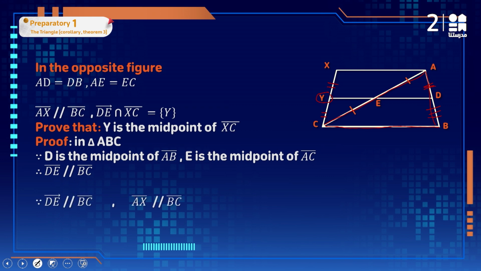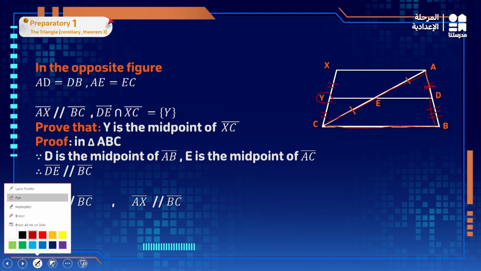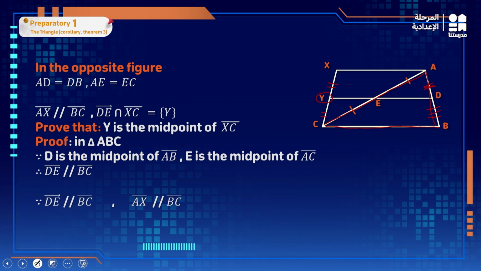Okay. Then, since DE, where is DE? I'm gonna do it with, okay, this color here. DE, this one, the yellow color, parallel to BC. And AX parallel to BC.